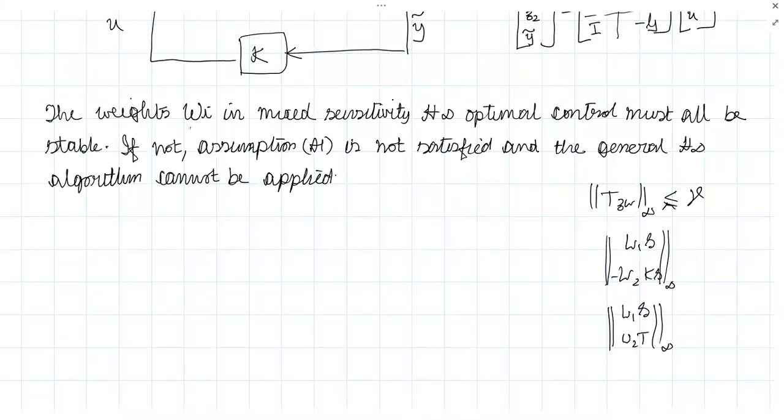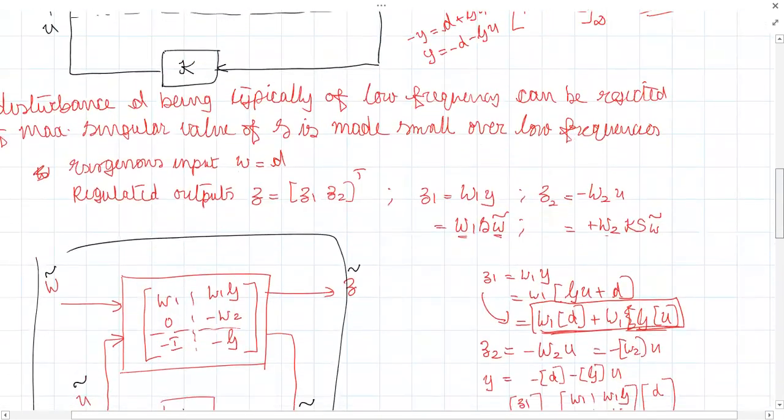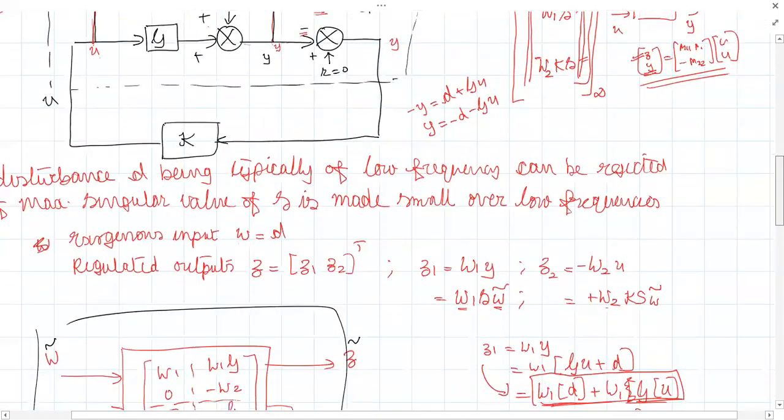Sir, yes. In the standard H infinity controller, we are trying to minimize the infinity norm of the transfer function TZW, that is, the effect of exogenous input W on the output Z. But for these mixed sensitivity problems, we formed the P of S as W1, W1G, 0, minus W2, right, sir?